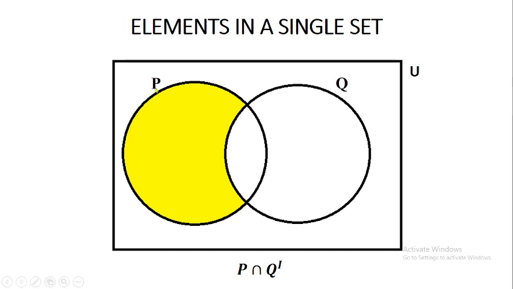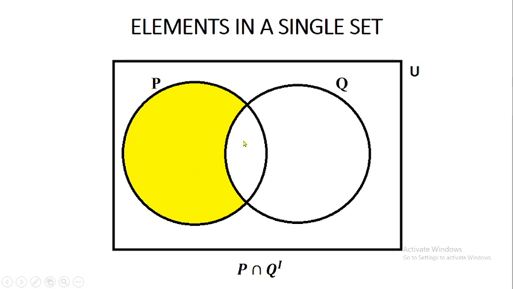So set P has 1, 2, 3, 4, 5, and set Q has 1, 8, 9. You agree with me that set P and set Q have something in common, which is 1. So that means that 1 will be in this place here where they intersect. 1 will be here.